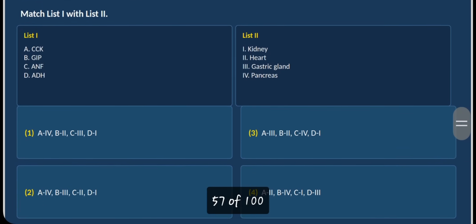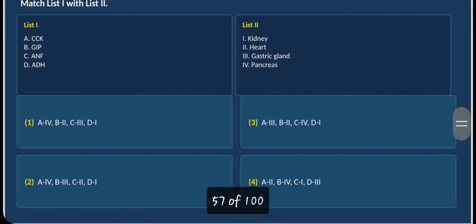Again, match the following with this. CCK, cholecystokinin, it is more concerned with the pancreas. GIP, gastric gland. ANF, atrial natriuretic factor, is in the heart.